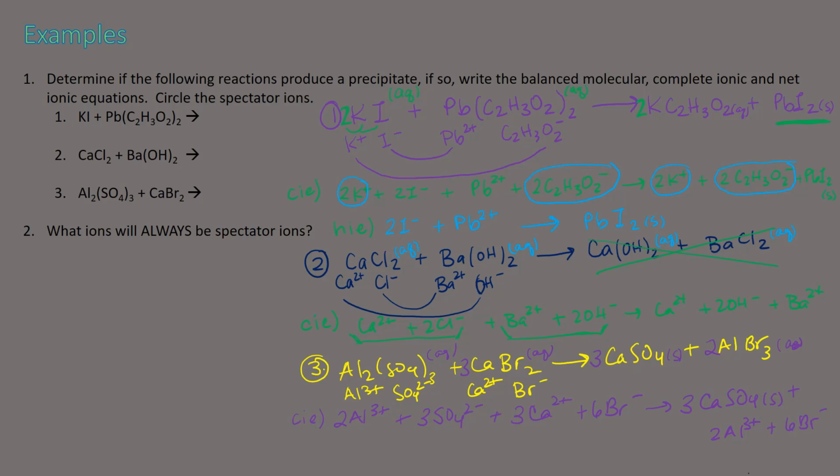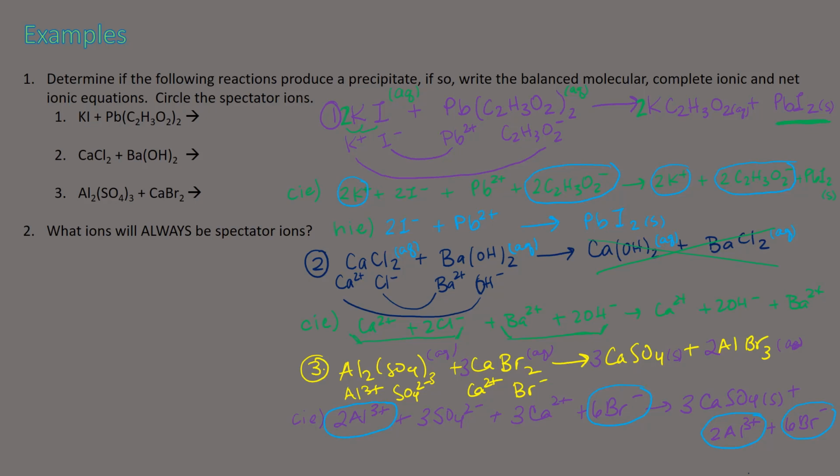All right, so my spectator ions here are going to be the bromide and the aluminum because they're still in ionic form on both sides. So the only change was the 3 sulfates reacting with the 3 calciums to give me the 3 calcium sulfates.